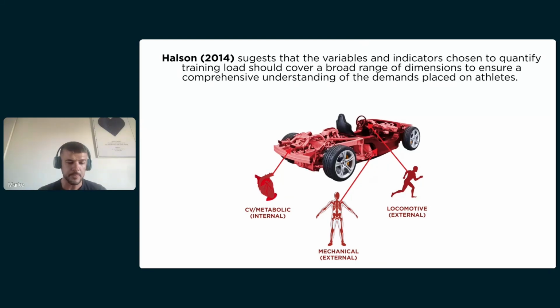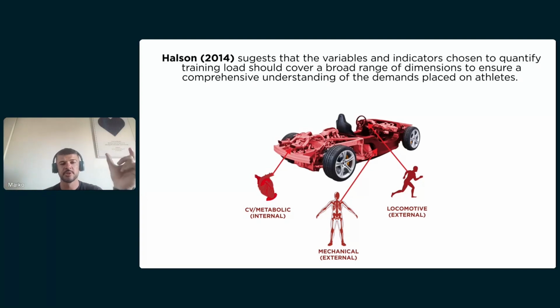GPS is quite a great tool when it comes to interpreting the data from games and training sessions. And I really like this example from Chris Barnes, who divided those variables from GPS into three different groups.